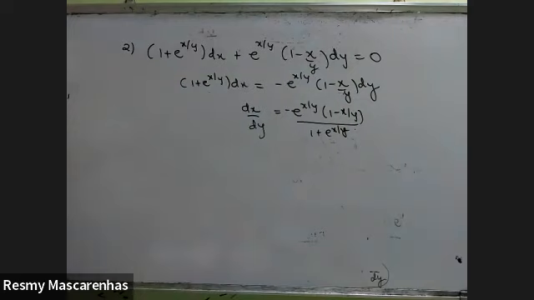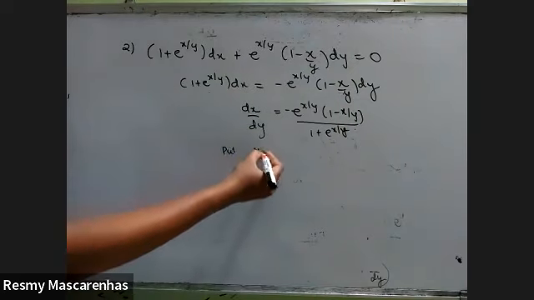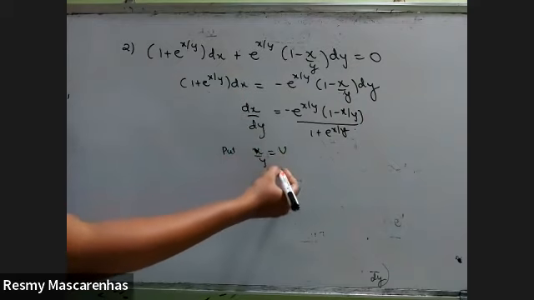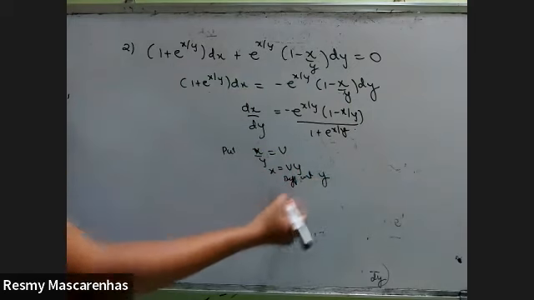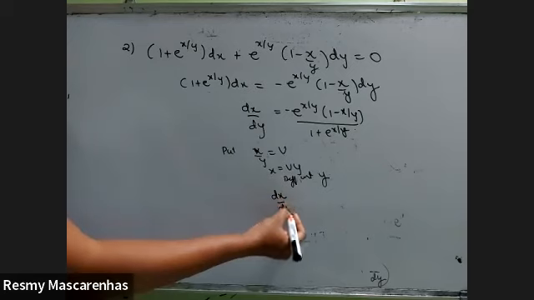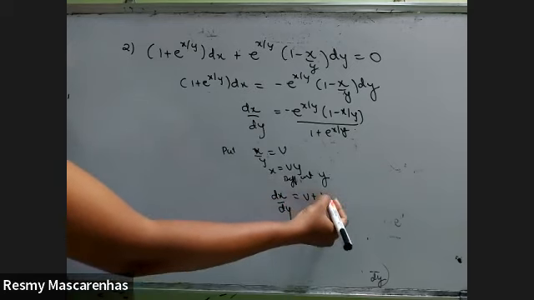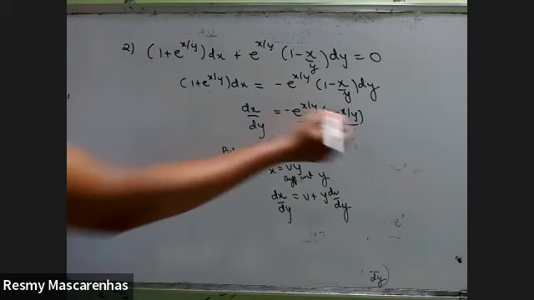And now till dx, do the method. Put x upon y is equal to v, x is equal to vy. So when you differentiate with respect to y, you will get dx upon dy equal to v plus y dv by dy. This is equation 1.